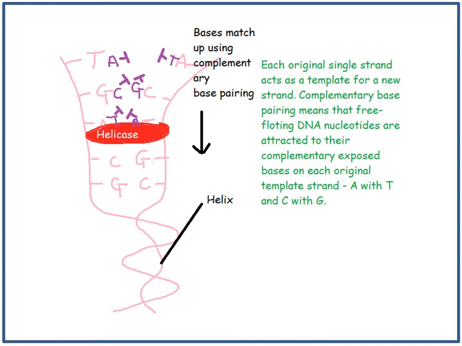Complementary base pairing means that free-floating DNA nucleotides are attracted to their complementary exposed bases on each original template strand. So A pairs with T and C pairs with G. So the bases match up using complementary base pairing.